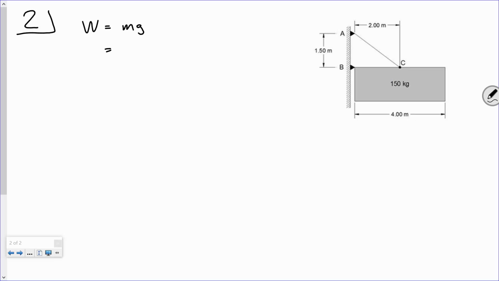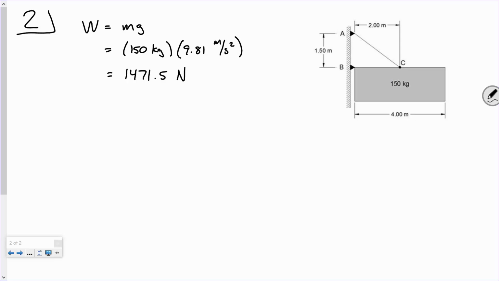One big thing to remember is that if I take kilograms and multiply it by gravity, meters per second squared, kilograms times meters per second squared, that gives me newtons. And what is that? 1,471.5 newtons.